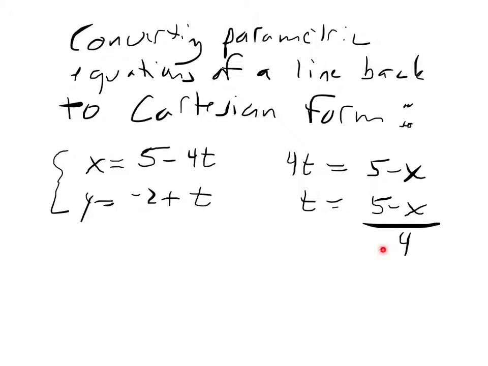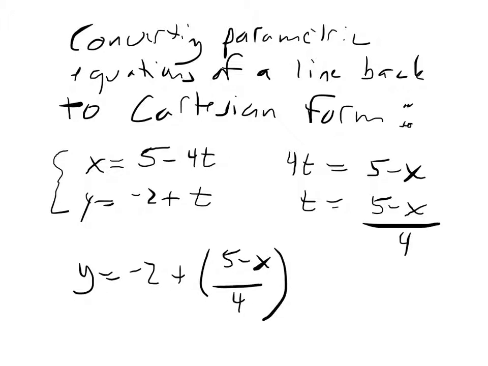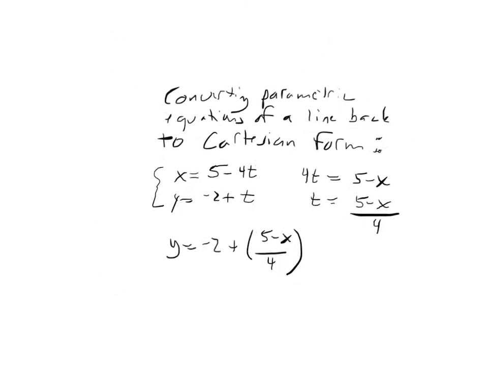Go ahead now and plug that in for t here, and I would get y equals -2 plus (5 minus x) over 4. Note now you've got an equation with y in terms of x.